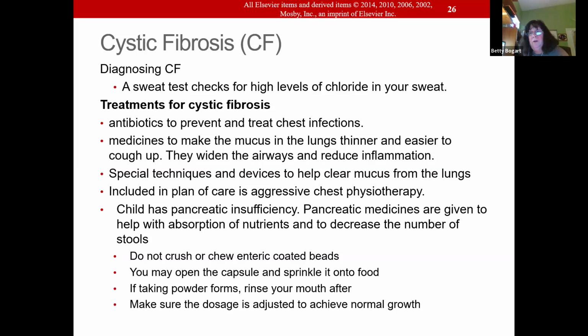Other ones we don't, but this one we do. If the enteric little beads are there, again, we're not going to crush them or chew them. They have to go down whole. If it's capsules, sprinkle it there. And if it's powder, it's just like some of those aerosols where you have to rinse your mouth when you're done so that the calcium in your teeth is not broken down. Make sure we rinse it.